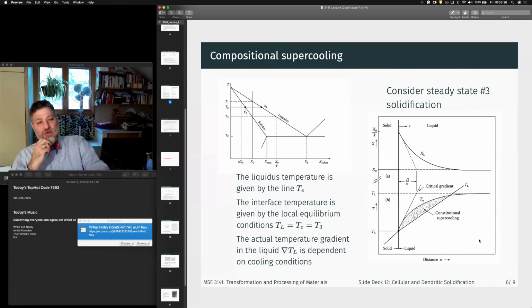As we move away, the undercooling would be the difference between this TE line and T3, so our undercooling is greater the farther away from this interface we are. However, when you have an actual thermal gradient, your undercooling starts at 0, goes through a maximum, and then becomes 0 again.